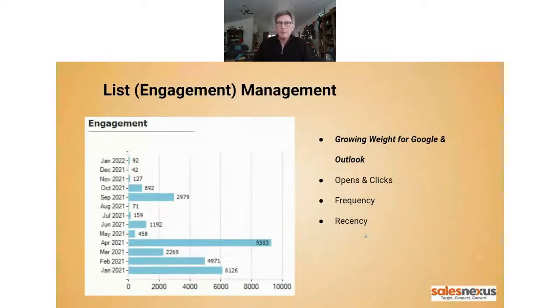So the tough part that most people have a lot of heartburn with is, well, gosh, if my list was only 30 or 40,000 people, and now you're sitting here telling me I've got to take 20,000 off my list, man, that's going to hurt. That's true.